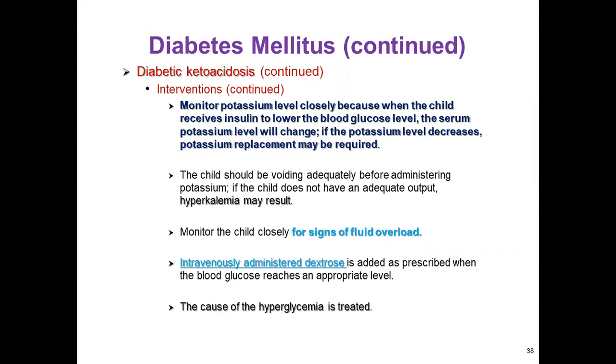So now, the child should void adequately before potassium is administered. If the child does not have adequate output, hyperkalemia may result. So in case of hyperglycemia or diabetic ketoacidosis, the patient may develop hypokalemia or hyperkalemia, and we have to correct both or either one.